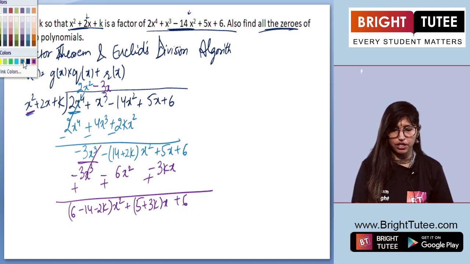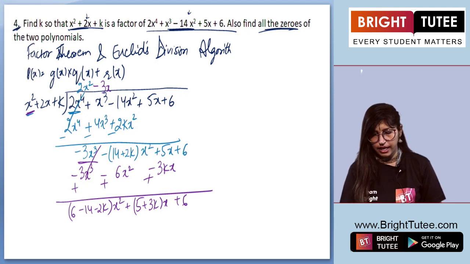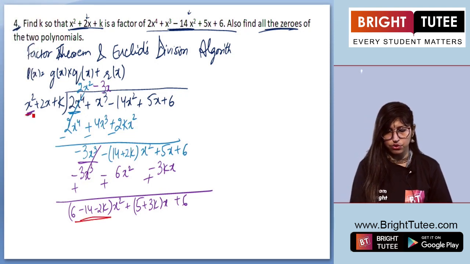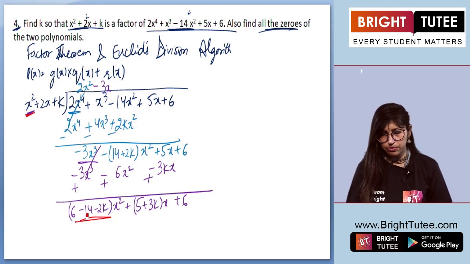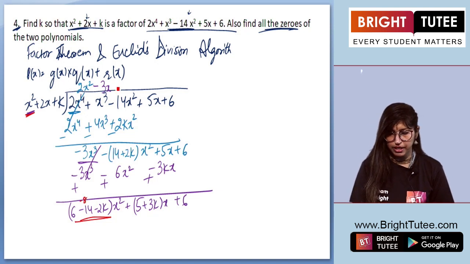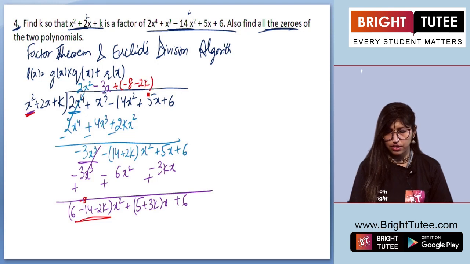Now if I take these two, dividing this, 6 minus 14 will be minus 8. You can write it down over here. So I'll be getting minus 8 minus 2k.